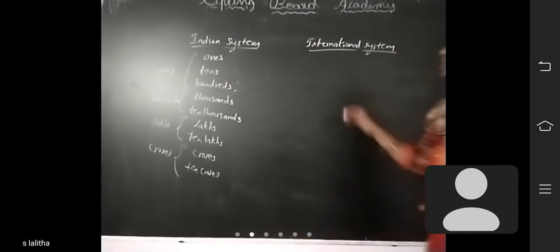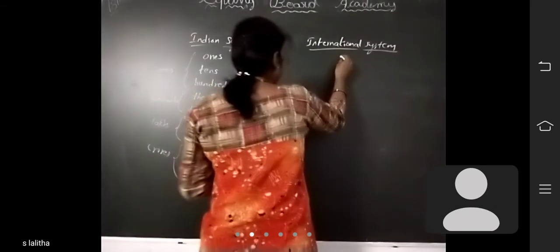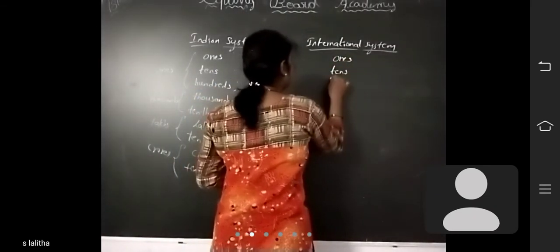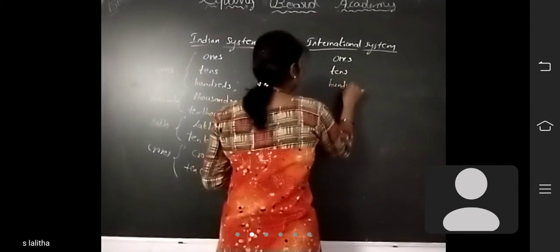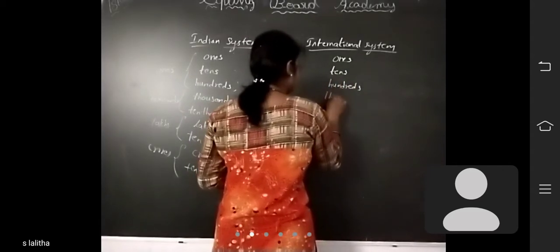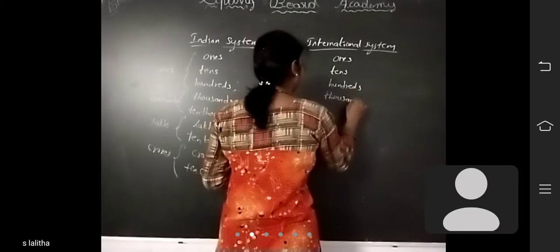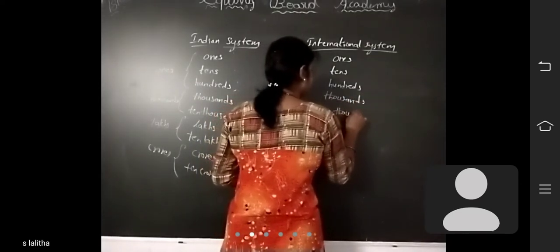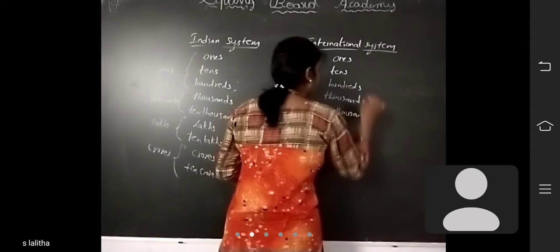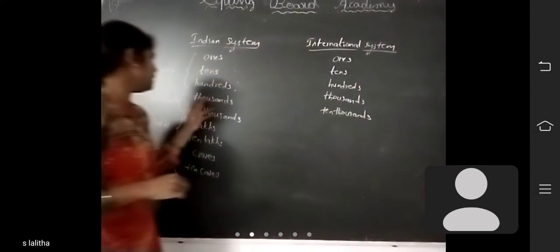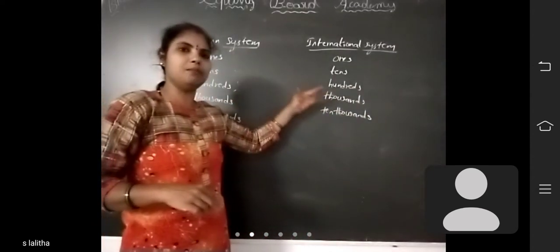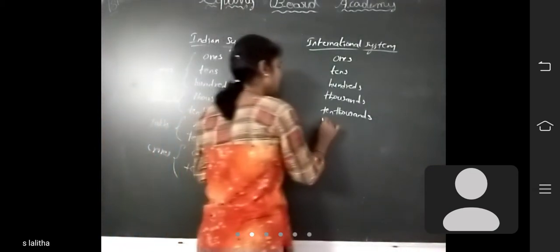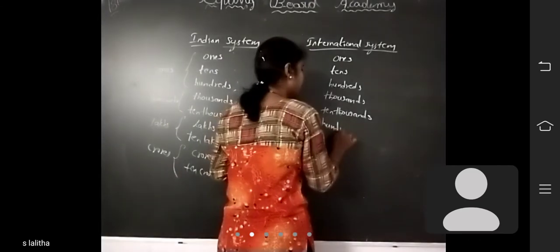In the international system, the first place values are ones, tens, hundreds, thousands, 10,000. Up to 10,000, the Indian system and the international system are both the same. After 10,000, 100,000 will come.